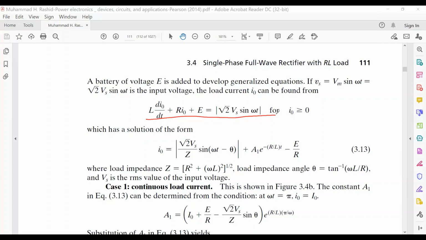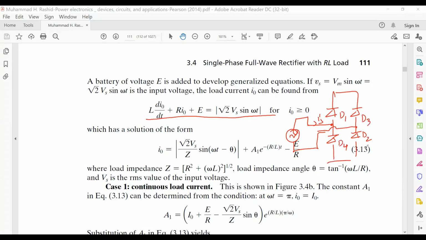Yes, sir. Okay. So our circuit was the full wave rectifier. I thought you were not listening or watching. Sir, we are watching. Good. Suppose this is your load.